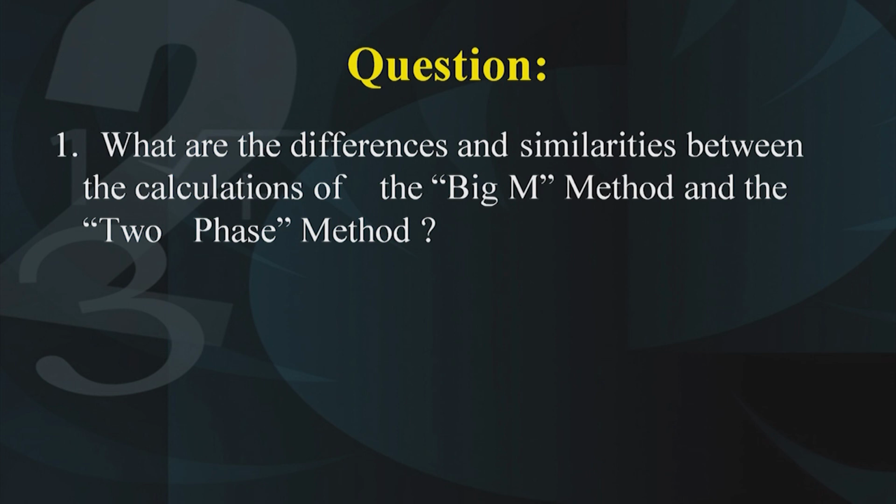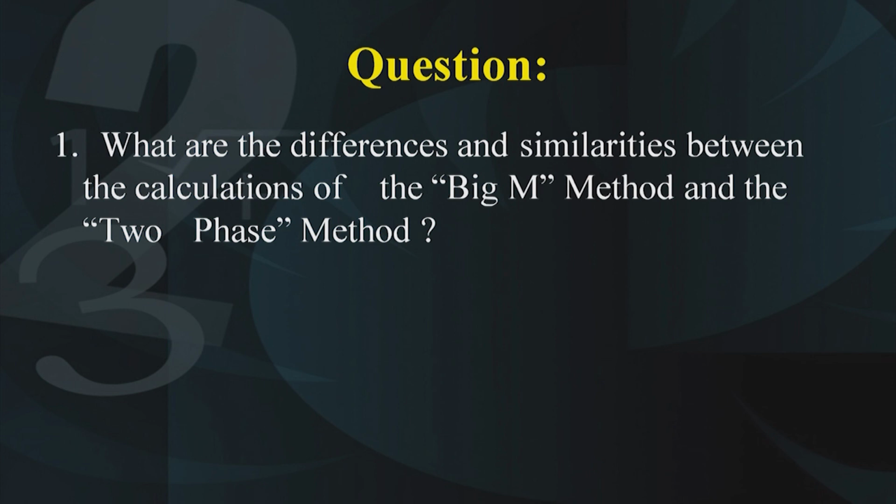In my next lecture, I will reply to this question, but at the moment I want you to give it a thought. Please think it over, compare the calculations of both the methods and see what the similarities and differences are.